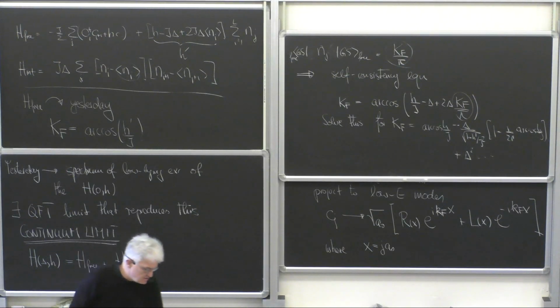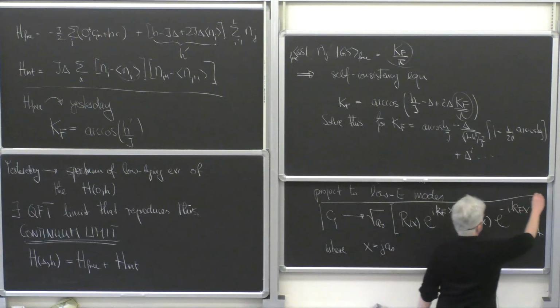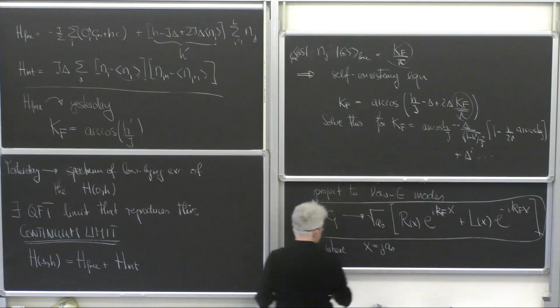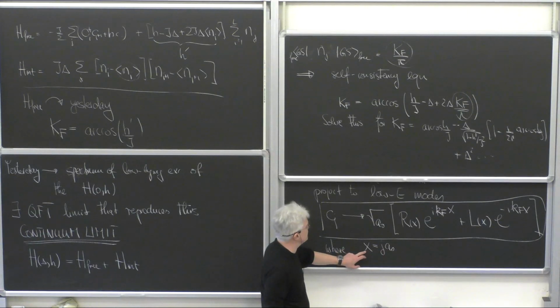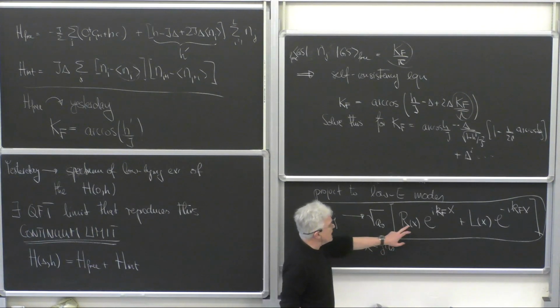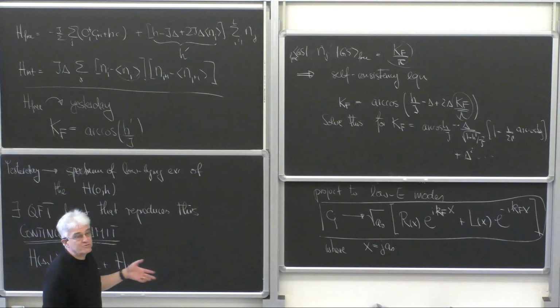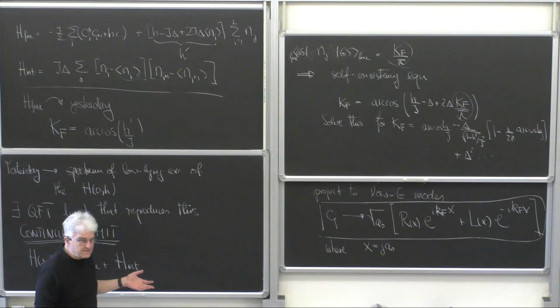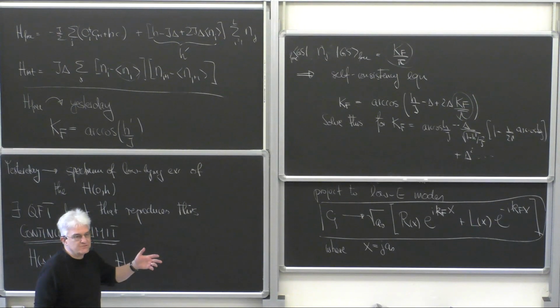Yeah, so where were we? This is one of the most important formulas. So x is j times the lattice spacing, so x has dimensions of meter. Now R of x will be some fermion field, and as such, it should have fermionic anti-commutation relations.